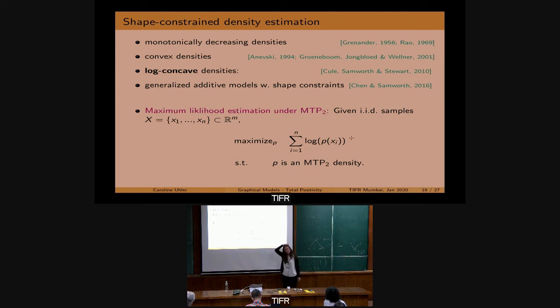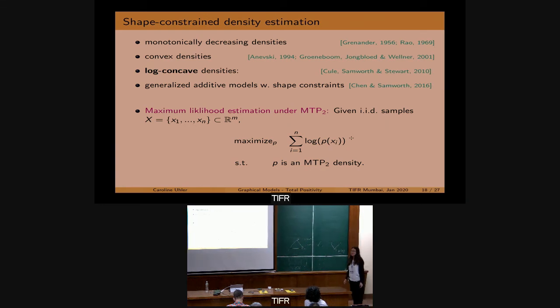Okay, so why do you even need shape constraints? Well, if I have my samples and I don't have any constraints, then I will just put infinite mass here. So I have these spikes. So that's not very interesting, right? That I just say, oh, I'm super confident that my density just has mass on my samples. And unfortunately, even under MTP2, that's still the case, right?